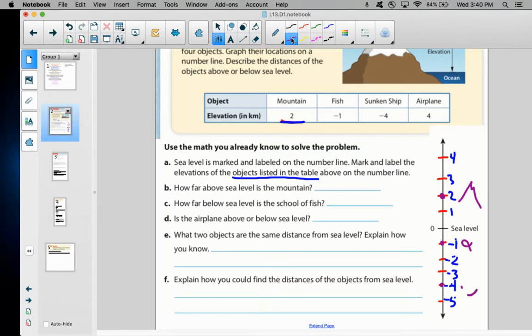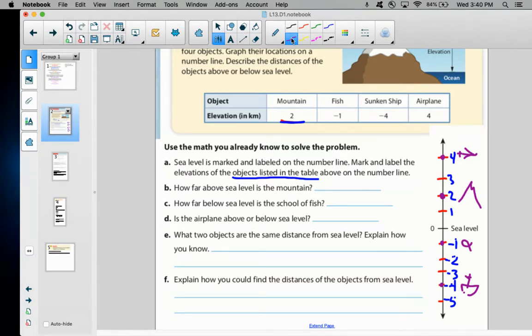So here's my sunken ship. And then my airplane is flying at +4. So there's my airplane. So we have marked and labeled the elevations of our 4 objects.